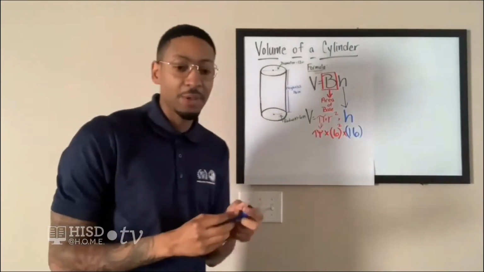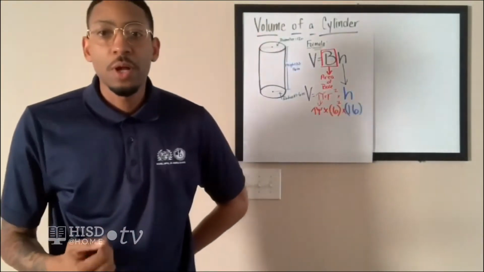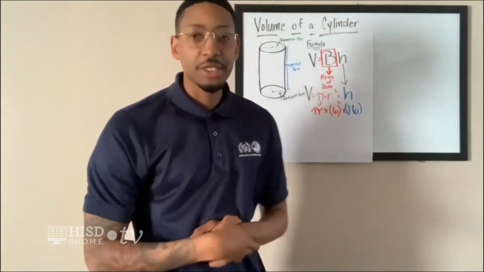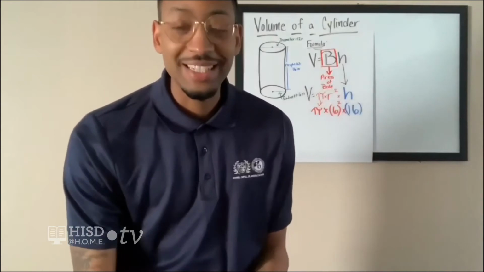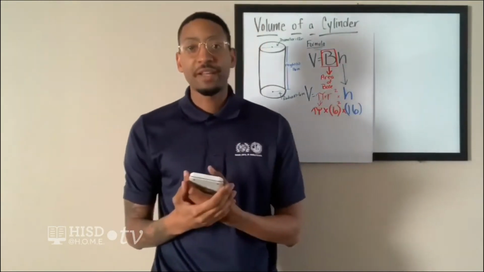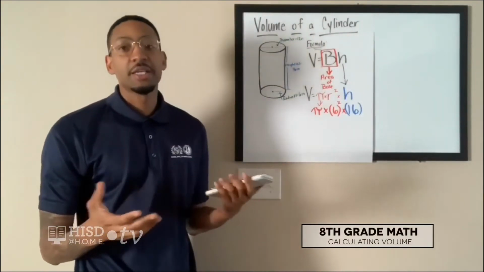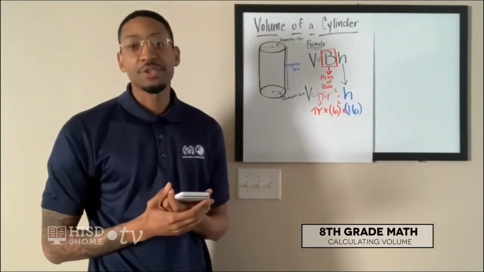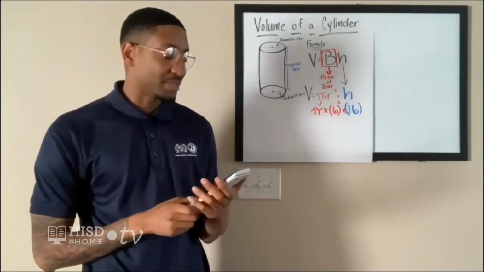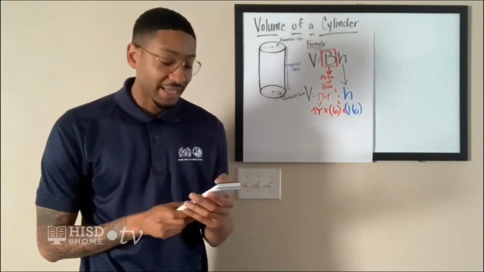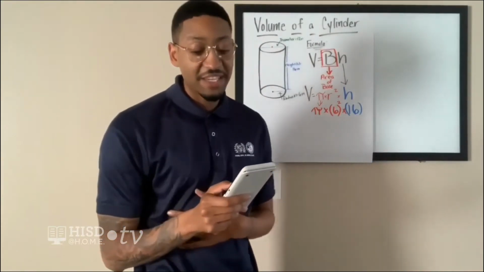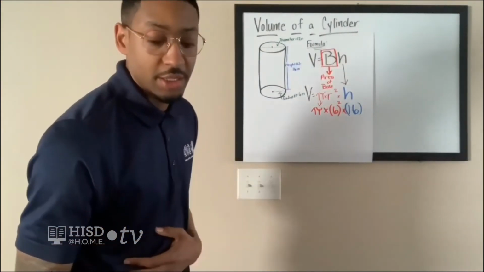Now we're ready to input our equation into the TI-84 graphing calculator. In 8th grade, we use the graphing calculator. It's no secret. 6th and 7th grade, sorry guys, you still have to do it by hand. No biggie. So when I multiply pi times 6 squared times 16, it gives me 1,809.56.